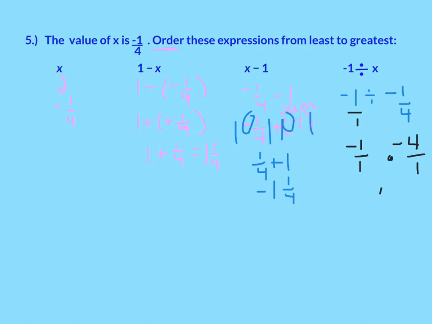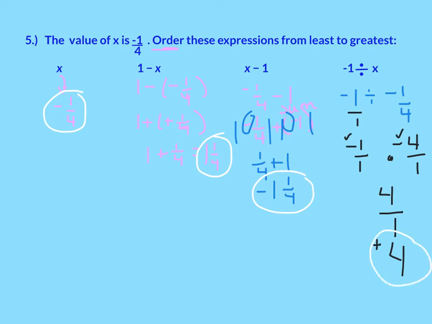So 1 times 4 is 4. 1 times 1 is 1. I can reduce that to just 4. 2 negatives. That means I've got a positive. So now I've got negative 1/4, positive 1 1/4, negative 1 1/4, and positive 4.